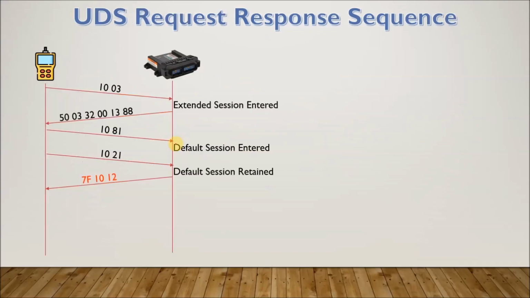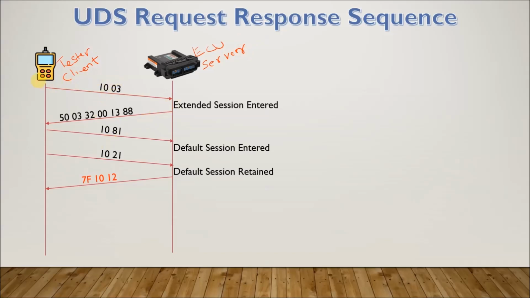Okay? So the UDS request response sequence. As you can see, this is the tester, which is a client, and this is the ECU, which is acting as the server in the UDS protocol.